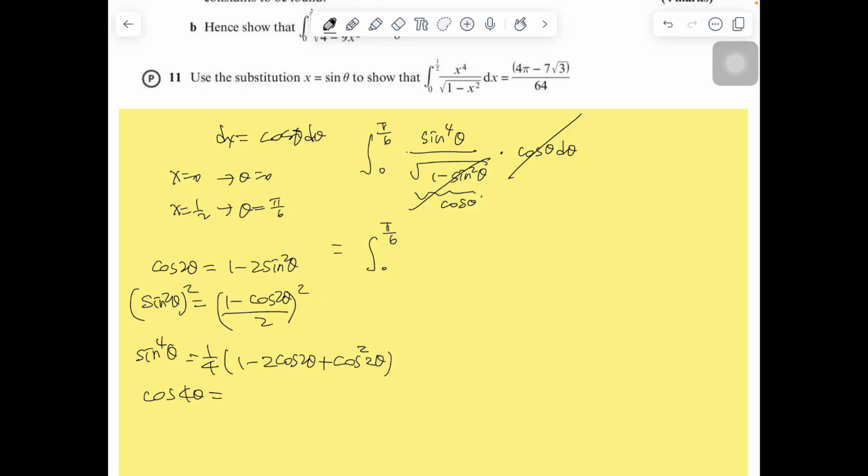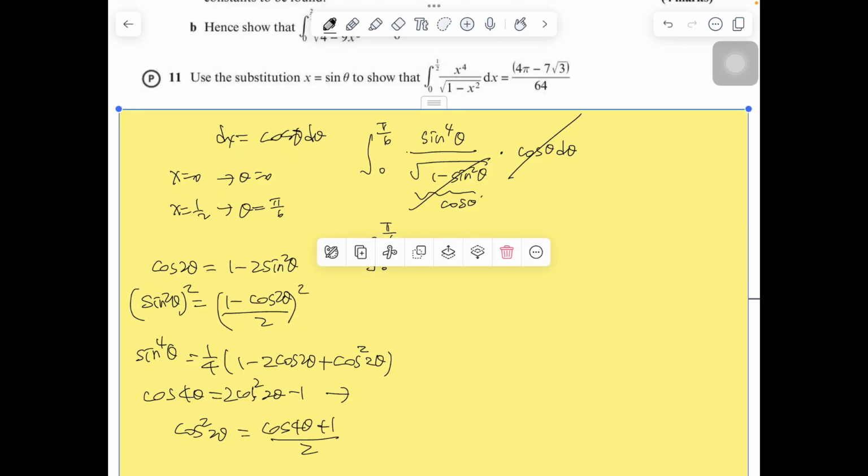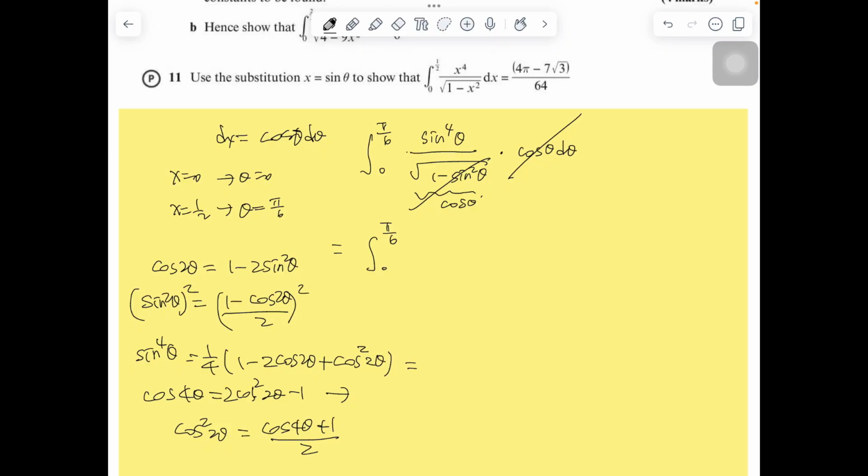Cos 4 theta is 2 cos squared of 2 theta minus 1. So my intention is just reducing the degrees. So cos squared of 2 theta is cos 4 theta plus 1 over 2. So this becomes again 1 over 4 times 1 minus 2 cos 2 theta plus cos 4 theta plus 1 over 2.